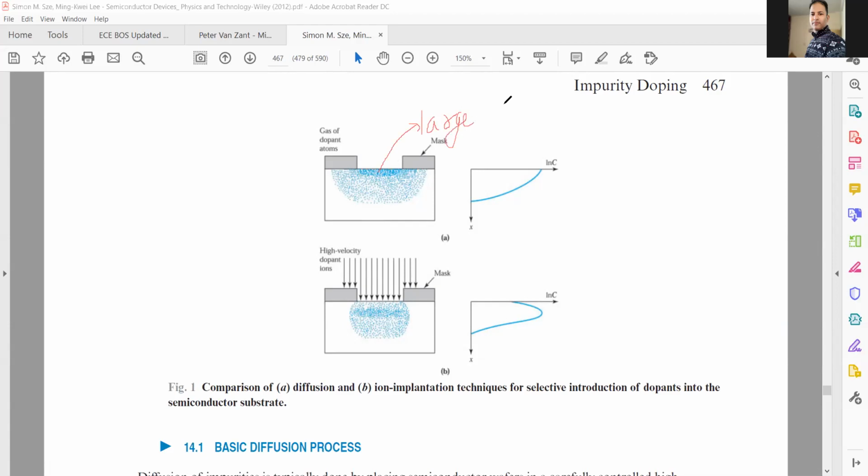Concentration of dopant is represented as C. So C is your dopant atoms per unit volume. So this is your concentration C, dopant concentration C. You will see that your dopant concentration is larger at the surface.